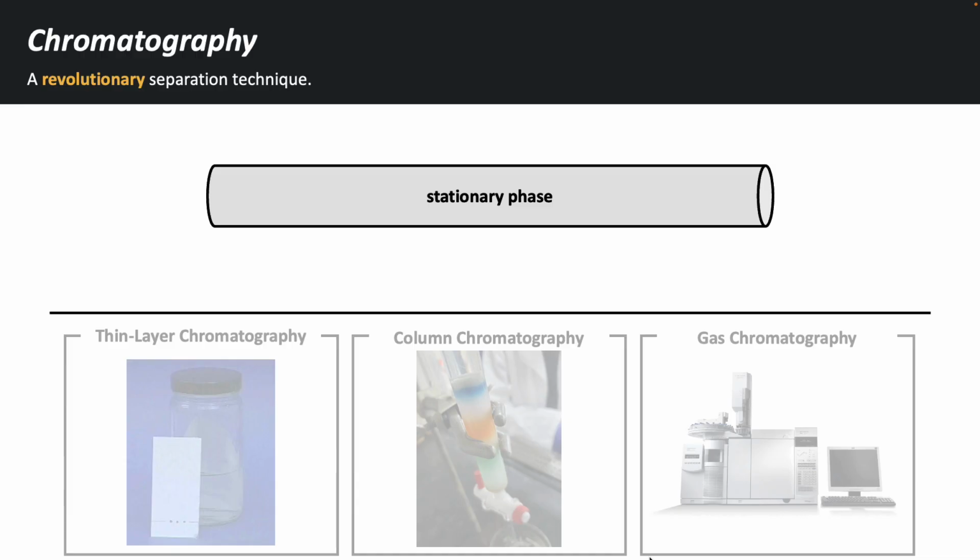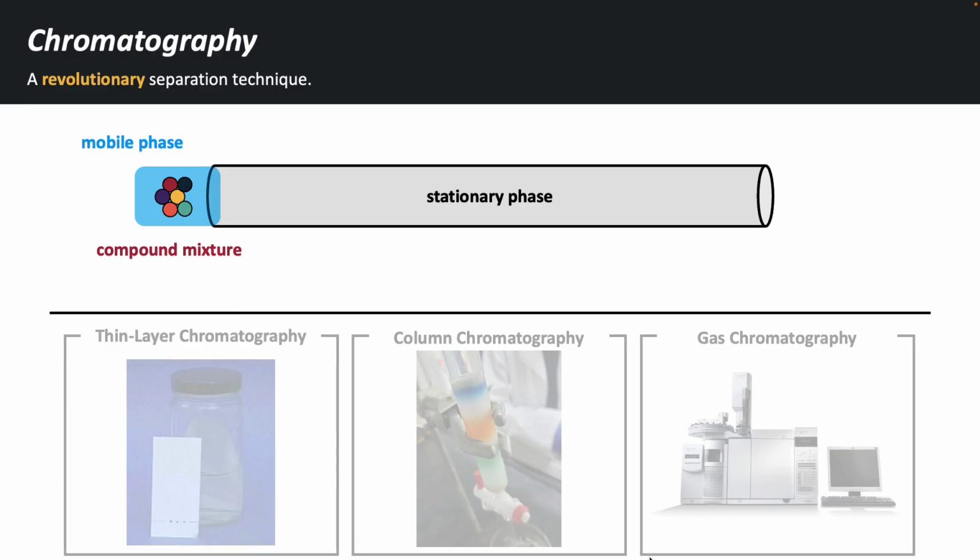You can imagine a stationary phase. So this is really just a non-moving phase, we'll call it, that is going to be used to help separate out various compounds. So if we were to take a compound mixture and then put that mixture into some form of mobile phase, so as I mentioned, that mobile phase is sometimes solvent, so liquid, but it might also be gas, as in gas chromatography.